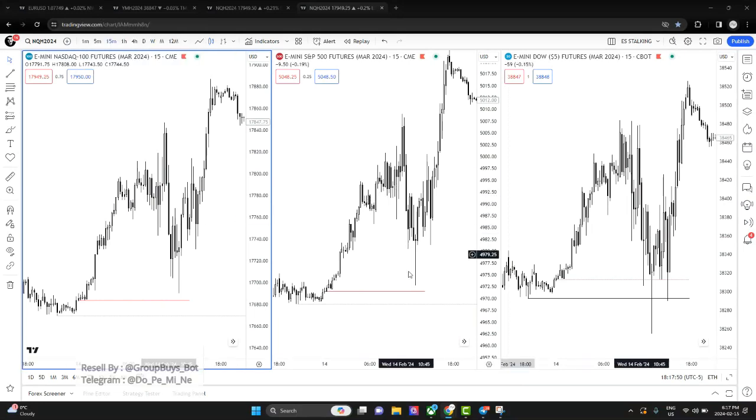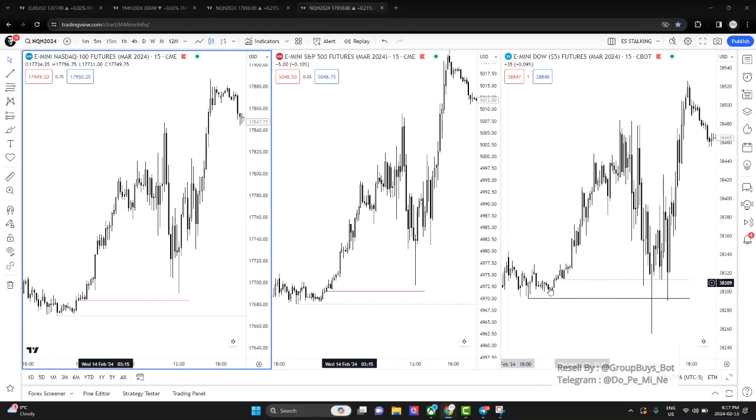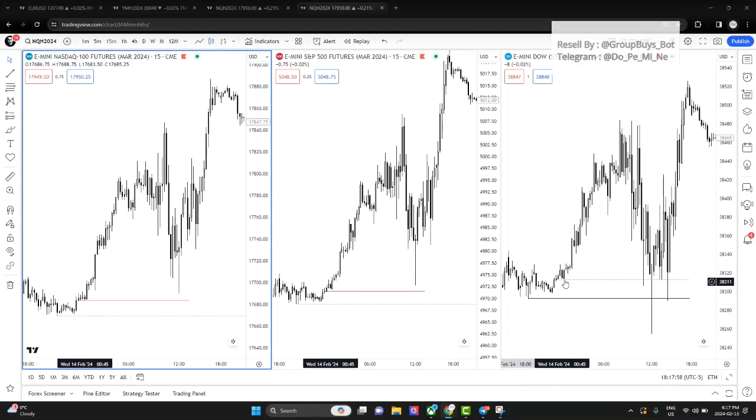Same thing happened here. But in Dow, we had price trade below the Asian session and below the true day open.